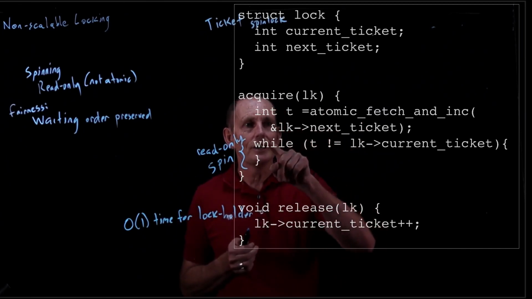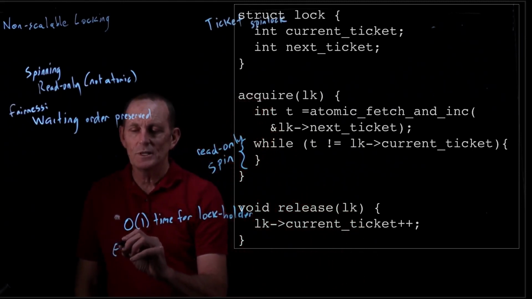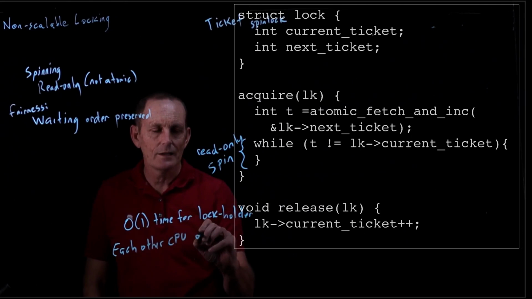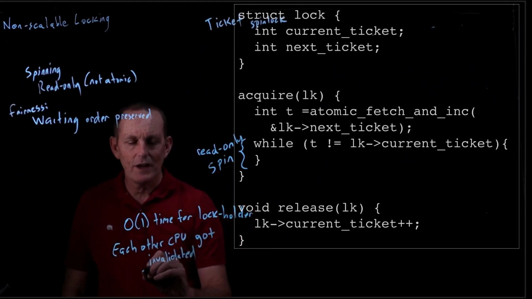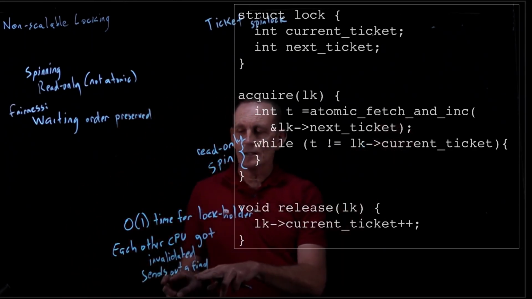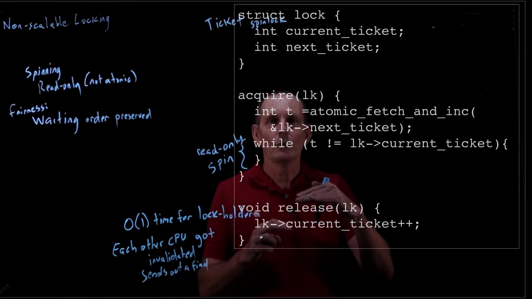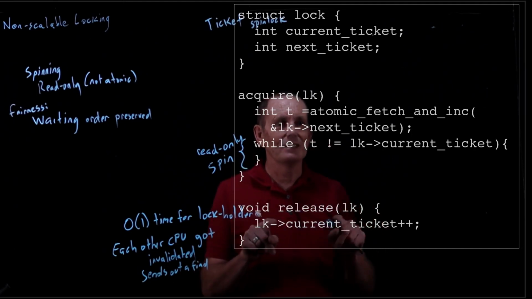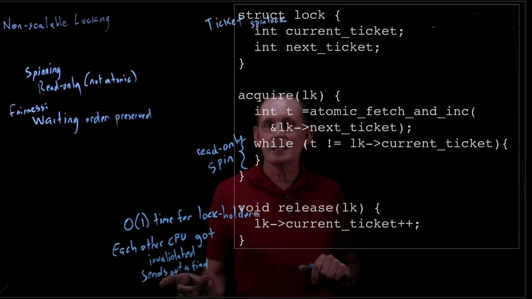Now they're all in this loop. Each other CPU got invalidated, so what does it do? Each one sends out a find before it reads. When the first one sends out a find, the current lock holder will be in M mode, and it will write this value out and then switch into S mode, right?